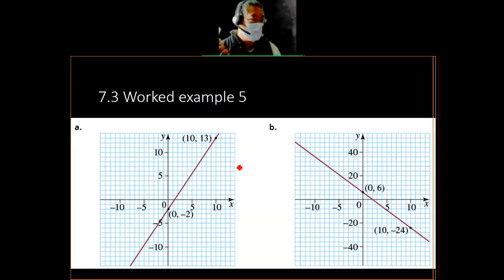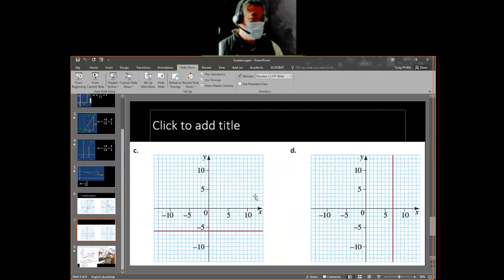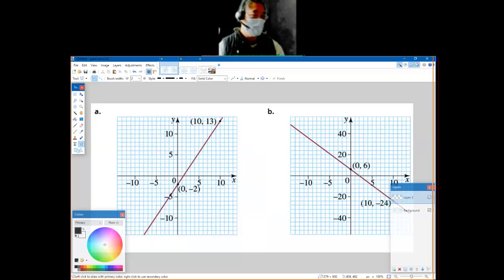Okay. And what I'm going to do is I'm going to stop my PowerPoint and I'm going to use my paint to show you how I'm annotating the arrows for the run and rise.